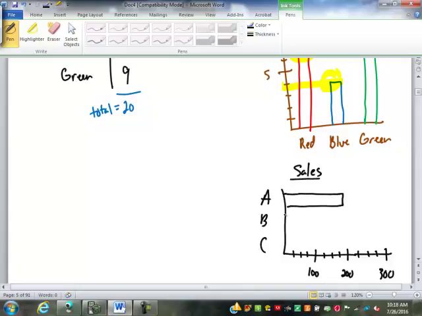Here's A, B, and C. Companies A, B, and C. Well, it's very quick to pick out here which company had the highest sales for that period. B, okay. Which company had the lowest sales? C.